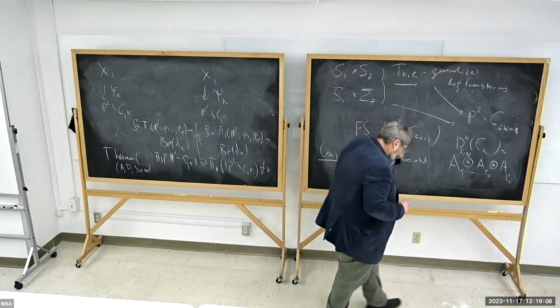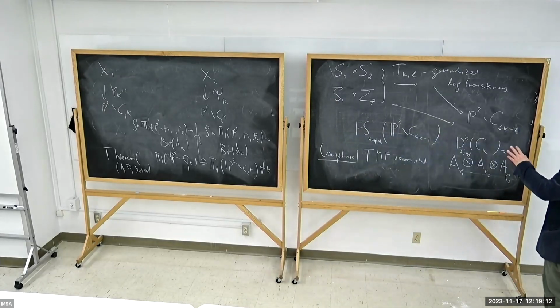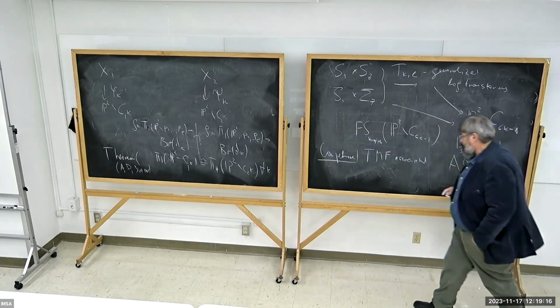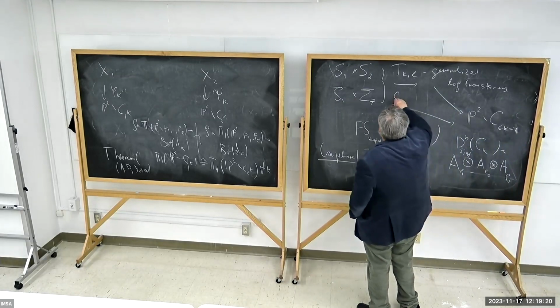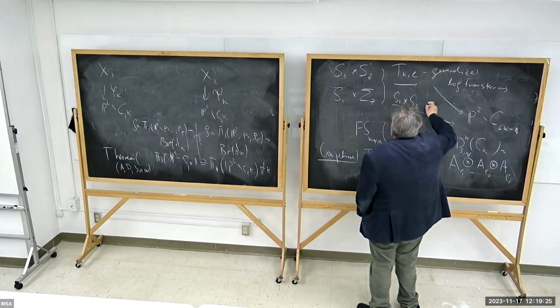Sorry, I forgot that the fibers of this map are going to be very well understood. For the first one, this is just the Hopf surface, and then they become lens spaces.